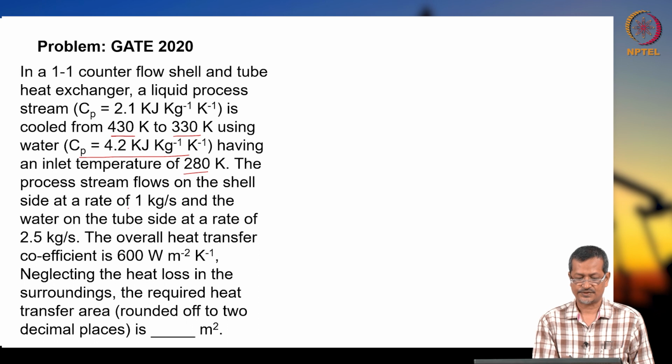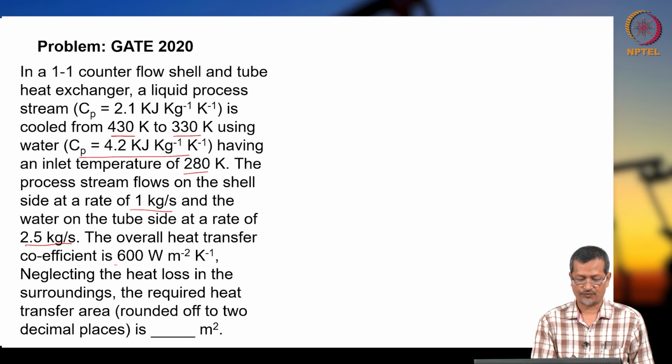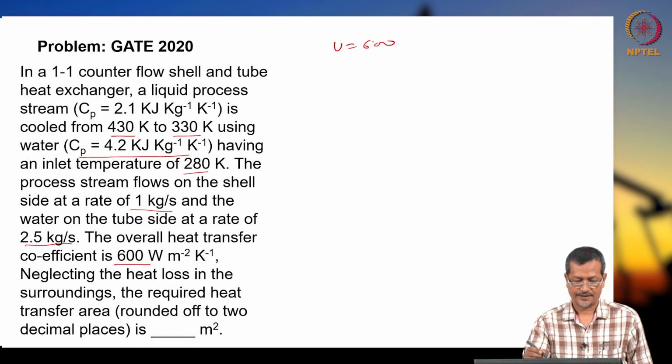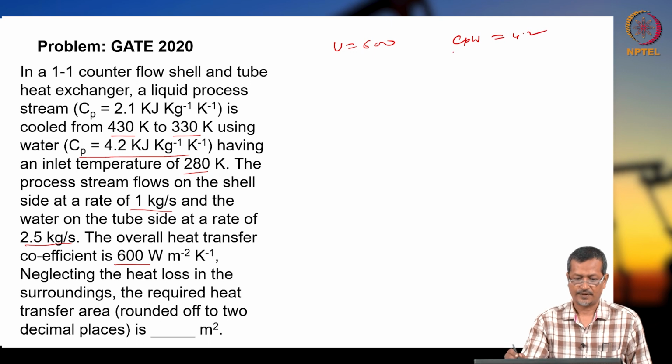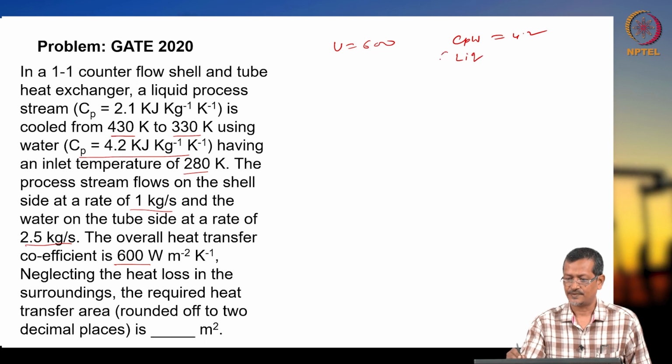Process stream flows shell side and water tube side. The overall heat transfer coefficient U is given, 600. Cp water is given 4.2 and process liquid Cp is given 2.1.